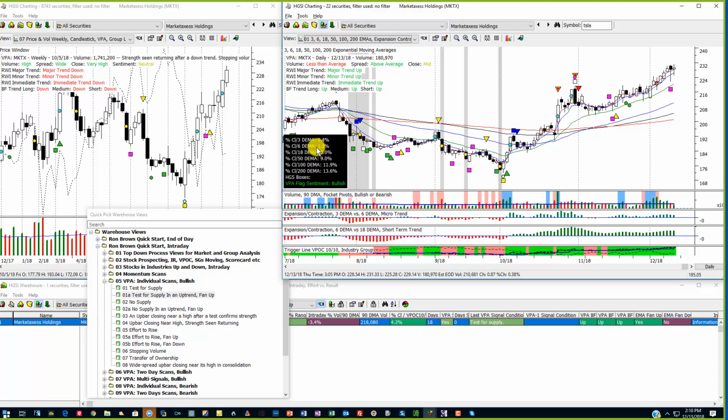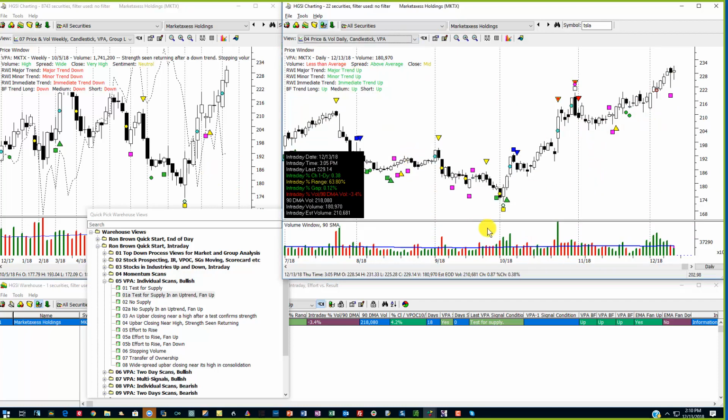When the 3 is above the 6, that is a really strong stock, and we're seeing it in this instance. And you can look down here at these expansion contraction windows, and if they're green, this means the 3 is above the 6, and this one means the 6 is above the 18. So a lot of strength here. Here's where the VPOC turned positive also. We also have some pocket pivots.